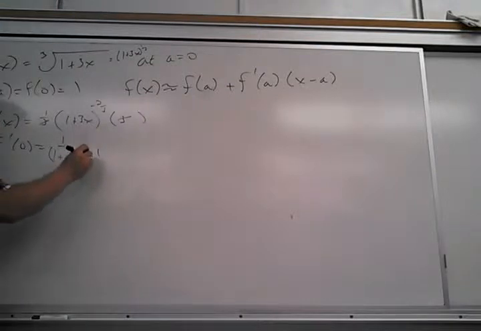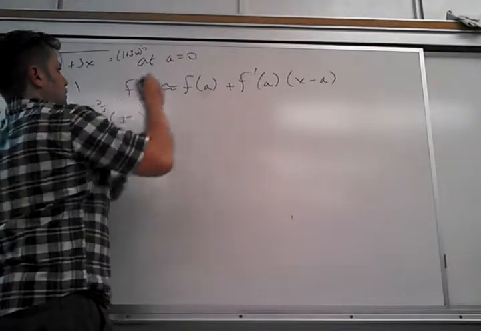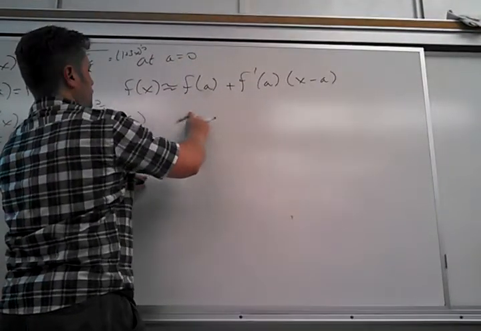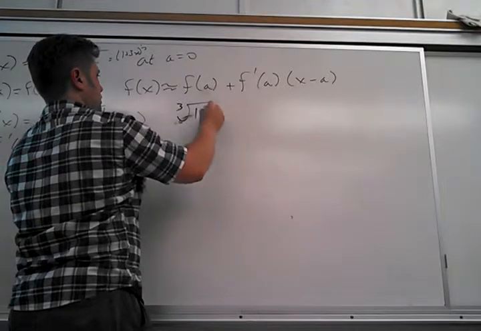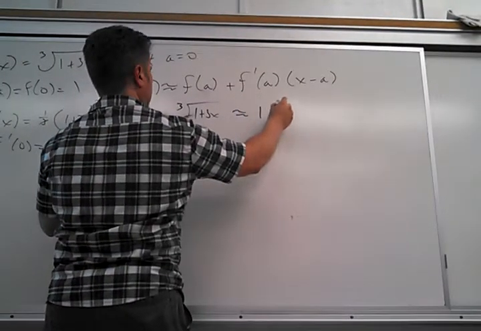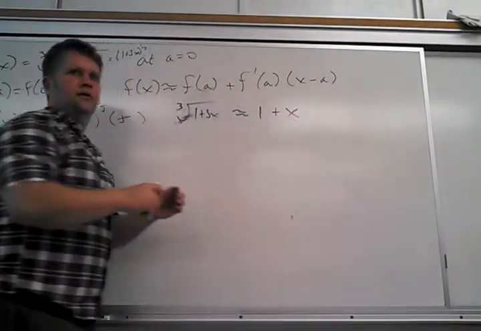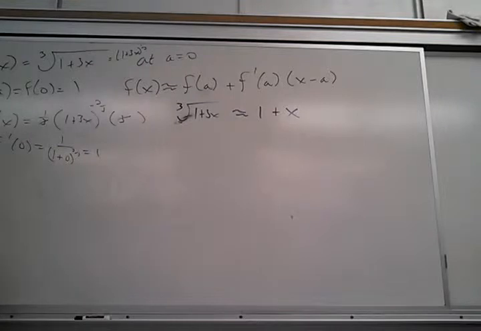That's 1. Is that cool? So now you've got everything you need. It's really nice when you use a equals 0. So you get cube root of 1 plus 3x is approximately 1 plus 1x minus 0.